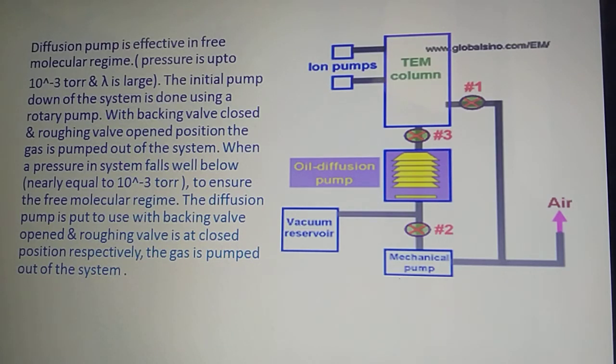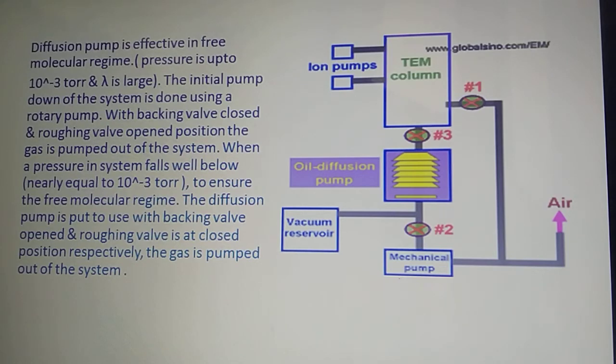The diffusion pump is effective in the free molecular regime, right, where its pressure is up to 10 to the power minus 3 torr and its mean free path is large, right? As the vacuum is high, the molecules will be fewer in the chamber and therefore the mean free path will be large.